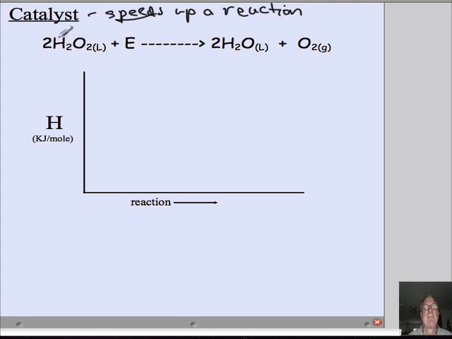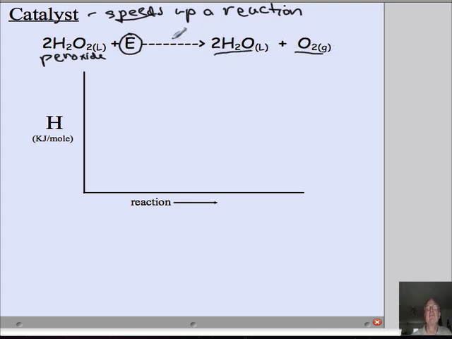So we have an equation here showing the decomposition of peroxide, same peroxide that you buy in the store, which, as you can tell, is an endothermic reaction. I didn't find the exact amount of energy that it required, but it does take in energy. And since the energy is on the left in the equation, that's an endothermic reaction. And then it breaks it down into water and oxygen gas.